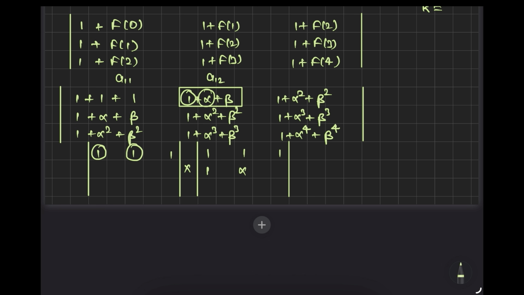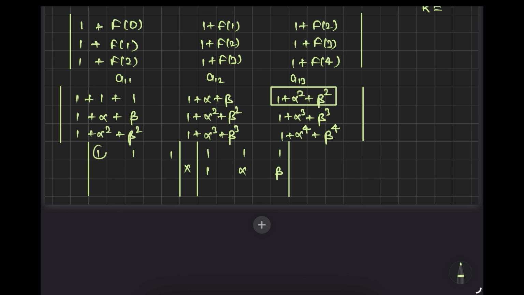It's alpha. What should we multiply with this one to get beta? It's beta. So we are done. Okay, I hope things are clear. Now who is this person? This person is A13. 13 means what? First row with third row.